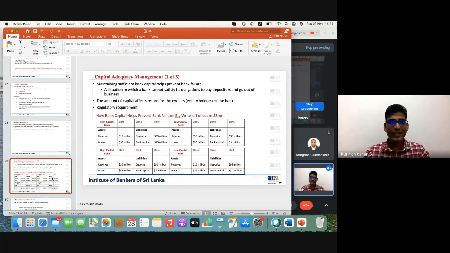Why is a capital adequacy requirement important? What are the requirements in Sri Lanka regarding capital adequacy?